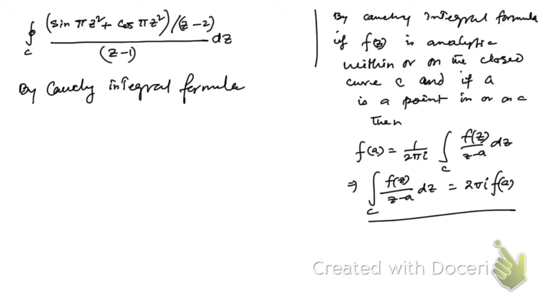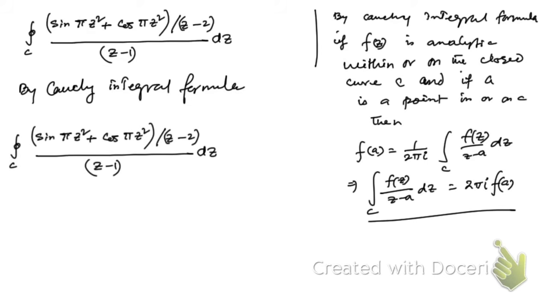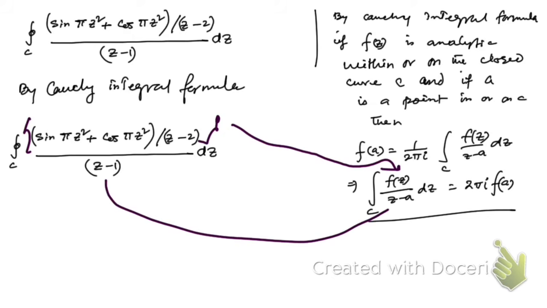so what we're going to have, this is going to be equal to... we're going to consider this one as f(z), and compare this one with z − a.